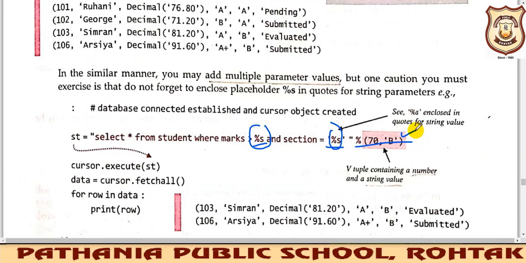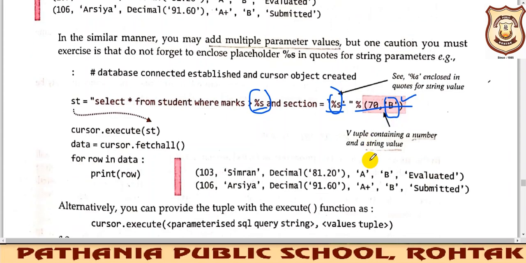And one thing more I just want to add: if you are writing a string, it should be written in single quotes. Here I have written it, but it has been hidden. So within single quotes you need to write. While entering the data also, you must take care that whatever string you are writing should be in single quotes. Then only it will work, otherwise it will give an error. Fine.